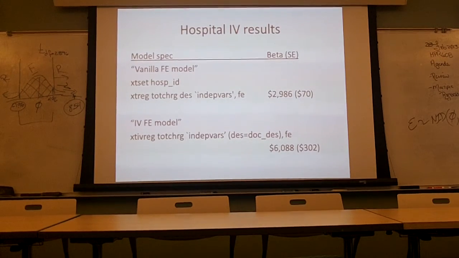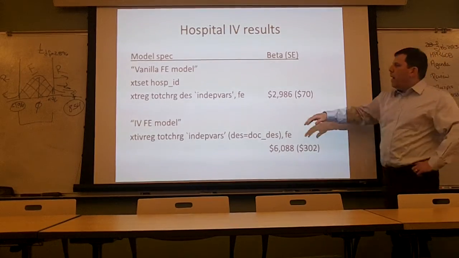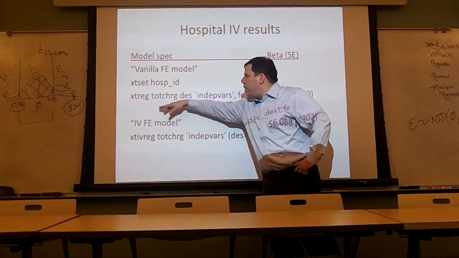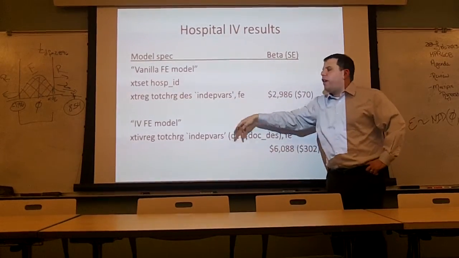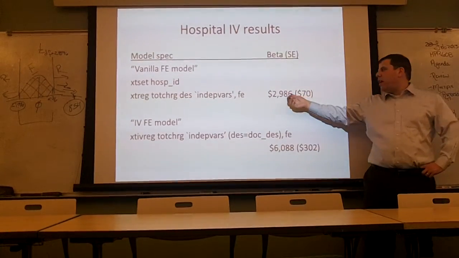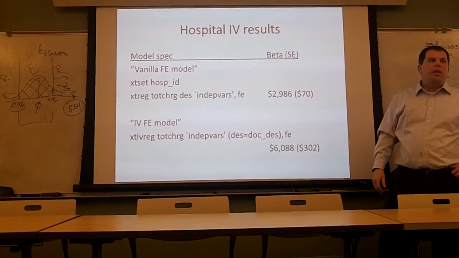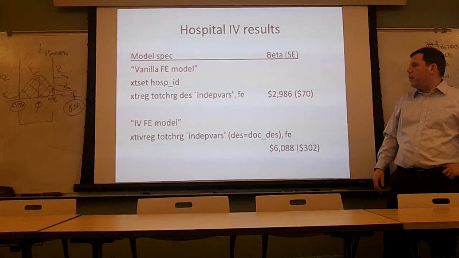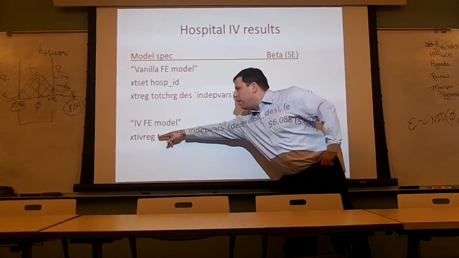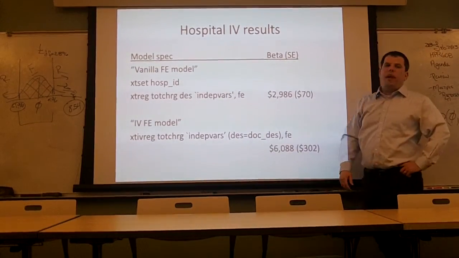So here's our vanilla fixed effects model without any instrumenting. We XT set hospital ID and then XT reg our same model specification asking for fixed effects. We get an estimate of about $3,000 difference, getting a drug-eluting stent associated with $3,000 higher total charges than bare metal stent. When we combine the two, the command in Stata is XT IV reg.